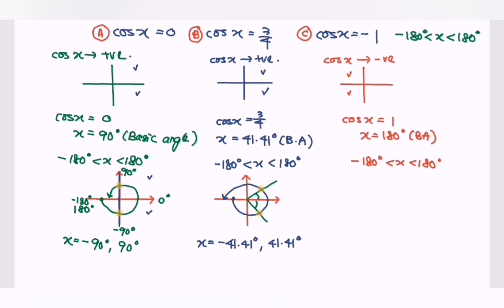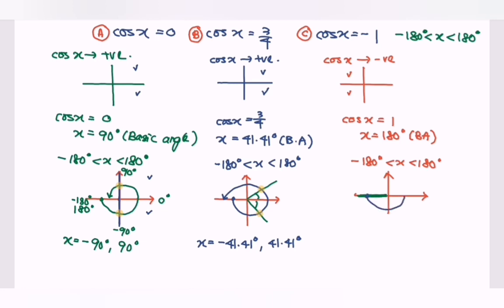Step number 4, the rotation. Kindly refer to step number 1, where the location is the second and the third quadrant, followed by the basic angle, where we have 180 degrees. Next, illustrate the rotation, where the starting point is negative 180.